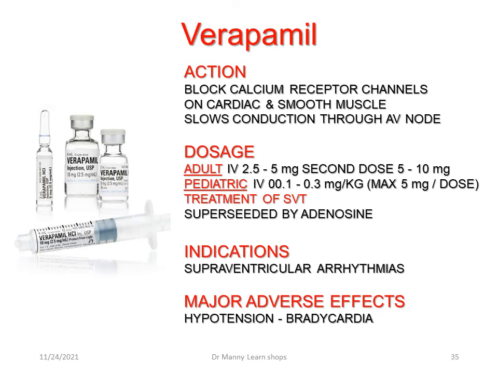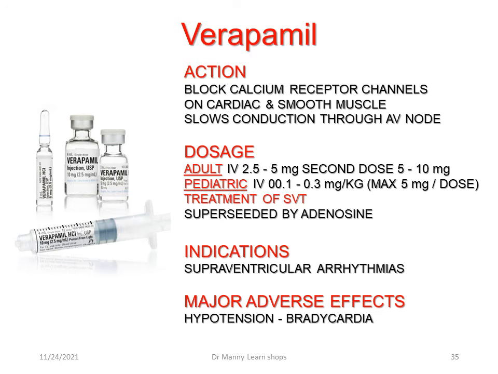The dose is typically intravenously 2.5 to 5 milligrams, with a second dose higher, 5 to 10 milligrams, if the patient can tolerate it. And it's for the treatment of supraventricular tachycardia. However, it has been superseded by adenosine, which we'll be reviewing shortly.